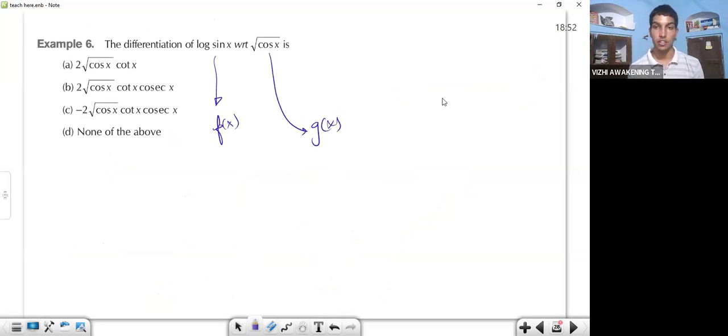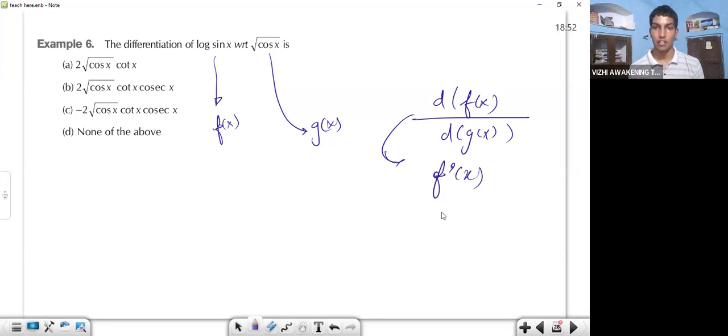We have to find out the differentiation of f of x with respect to the differentiation of z of x. So what we will do is simple: we will differentiate f of x and divide it by the differentiation of z of x with respect to x, because the common parameter here is directly x. This will be our solution.